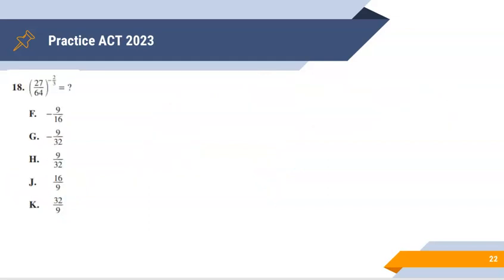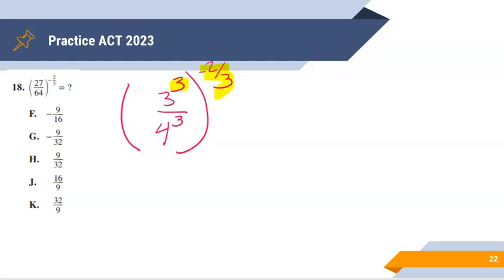Okay, question 18. We'll do this one on the calculator next, but I want to do it without a calculator just to help people see what's going on here. Now, 27 is the same thing as 3 to the third power, and 64 is the same thing as 4 to the third power. Now this whole thing is to the negative 2/3 power, and we remember when we've got a power to a power, we multiply, right?